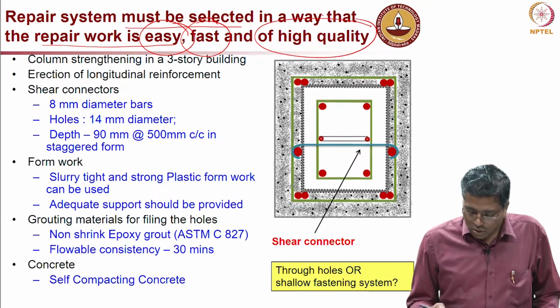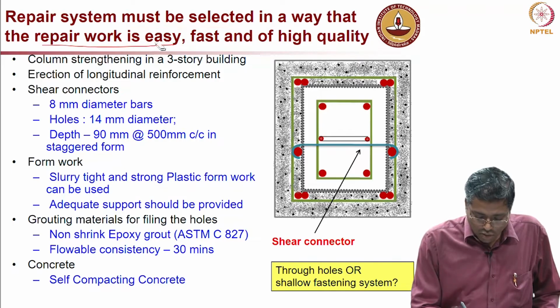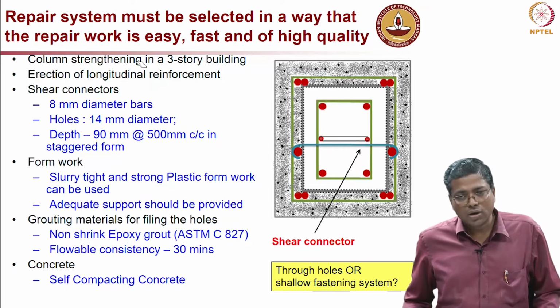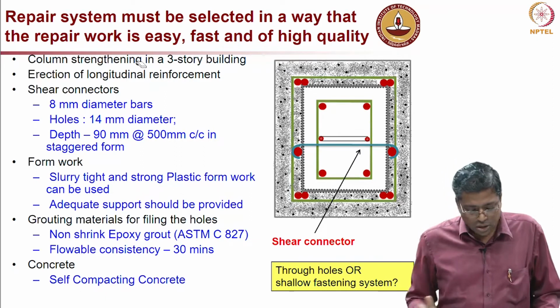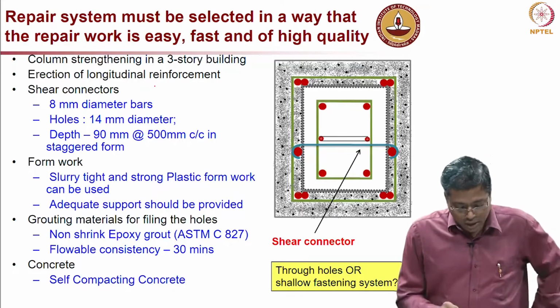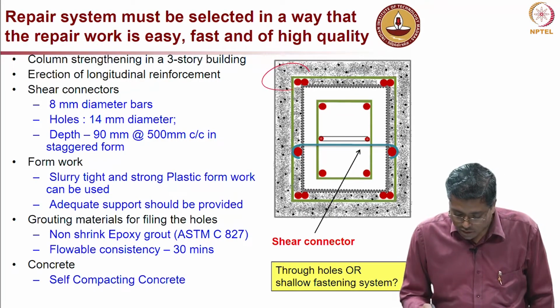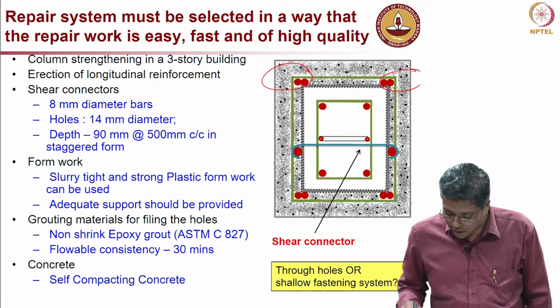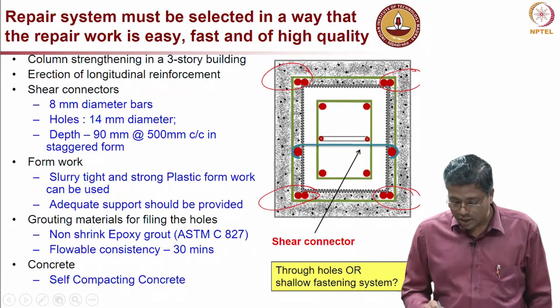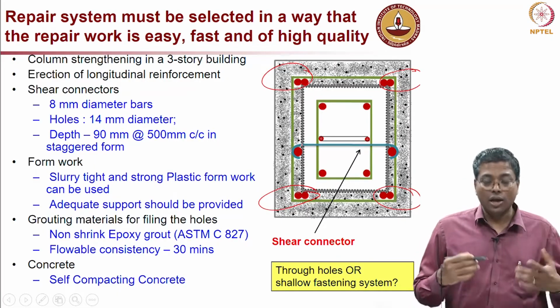So, this is an example of a project where it is a 3-story building and column strengthening work was going on, and it involved erection of longitudinal reinforcement, which is this. You can see here there are 10 additional longitudinal rebars.